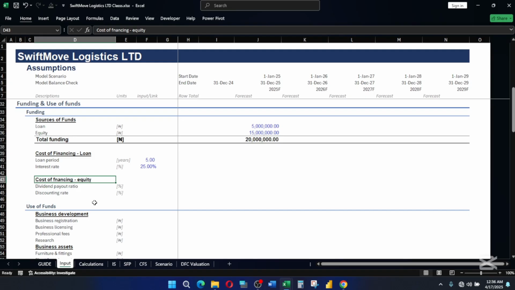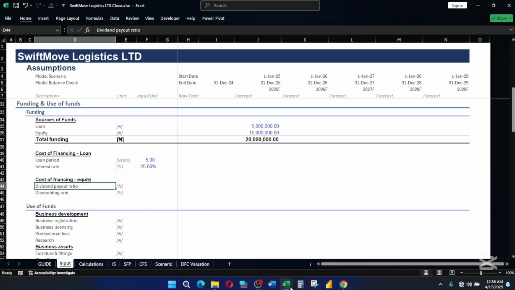Now, let's say if your business makes profit, what percentage of those profits is going to be for your equity holders, your shareholders? That is what we're trying to answer when we say dividend payout ratio.